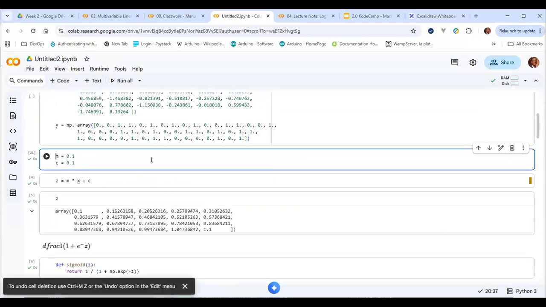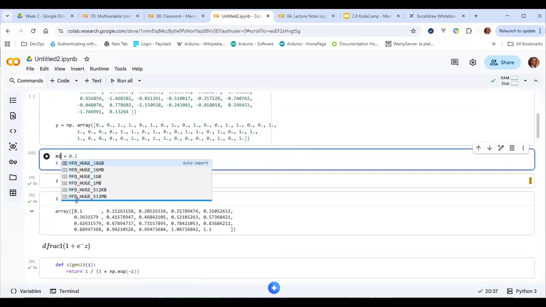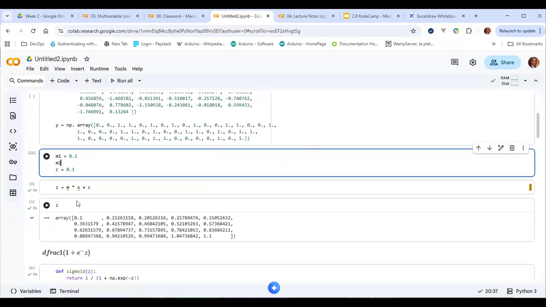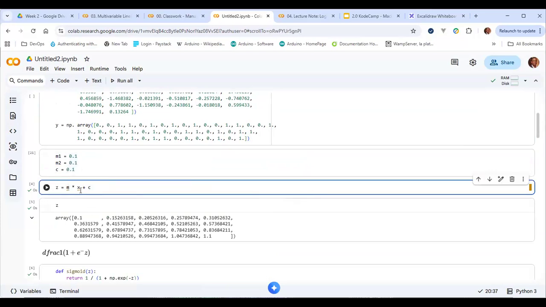Now I'm going to do the same thing again, except that this time we have M1 and M2 because there are two x's. So each x will have its own M. And C is still there. C is a constant. So our Z is now M1 times X1 plus M2 times X2.